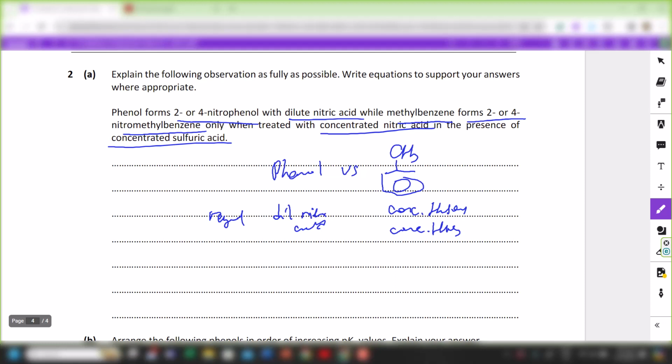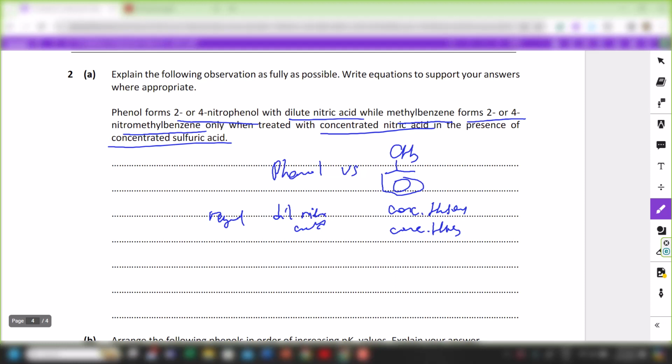It is so electron rich that it can even react with a weakly electrophilic nitric acid. From another perspective, it doesn't need an external catalyst to generate a strong electrophile. It can react even with a weak electrophile such as nitric acid, and it doesn't need to be placed in harsh conditions. Just nitric acid at room temperature will do.